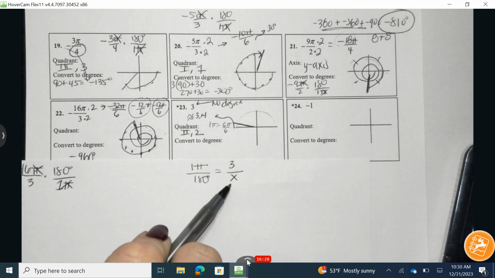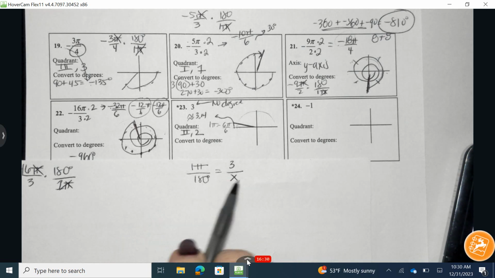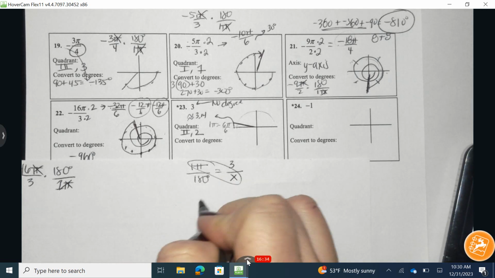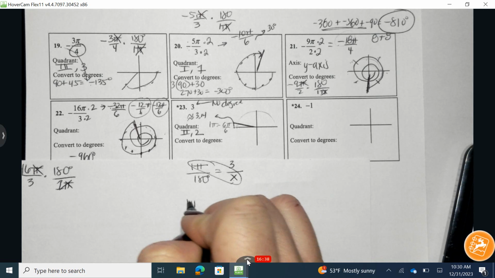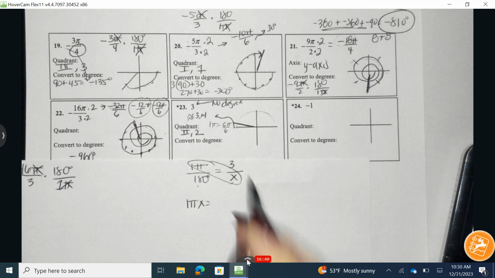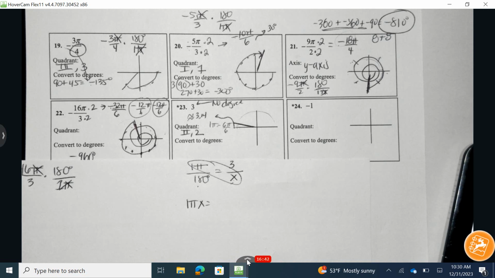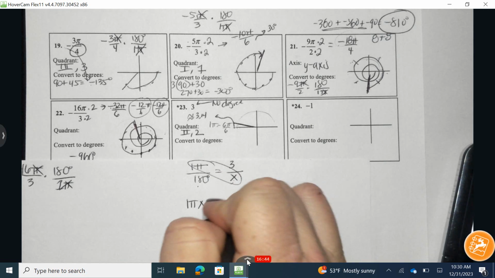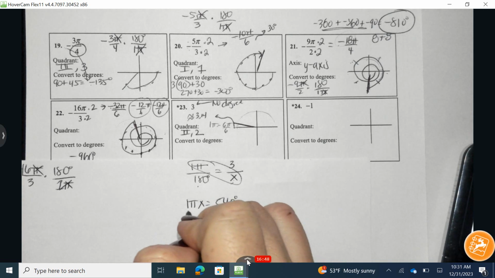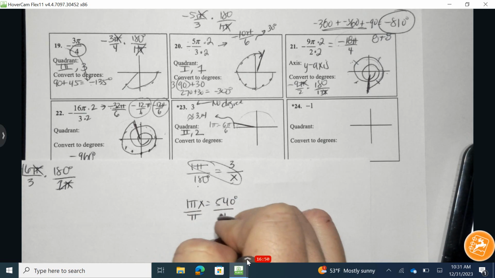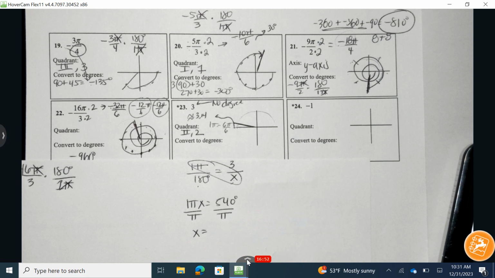So now, in order to figure out what it's equivalent, degrees are on the bottom, my radian measurements are on top, I'm going to cross multiply. 1 pi times x is 1 pi x, and 3 times 180 is 540 degrees. And now I'm going to divide here by pi, and we'll figure out what x is.